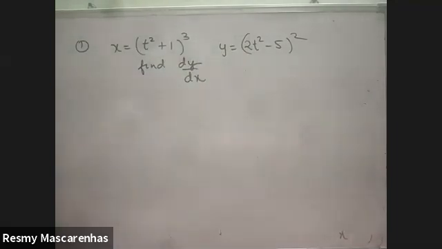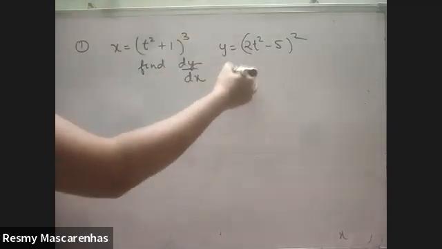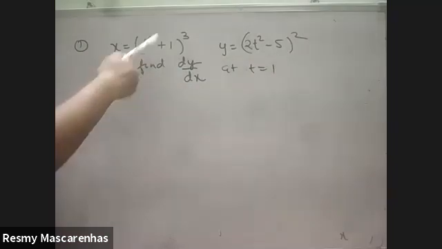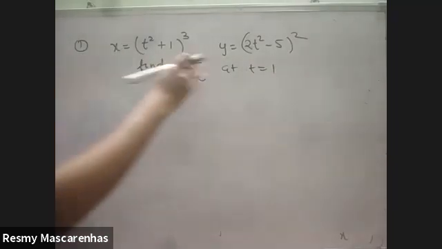Not at the starting. Suppose if they had given at t equal to 1, don't put t equal to 1 first. You'll get the answer dx upon dt as 0 then. Only after finding, you have to substitute. So first 4 into 2t square minus 5 upon 3 into t square plus 1.